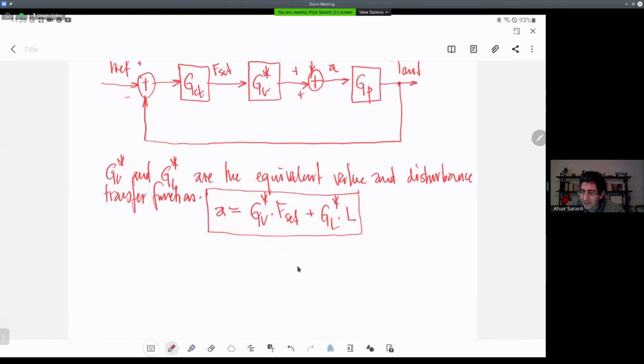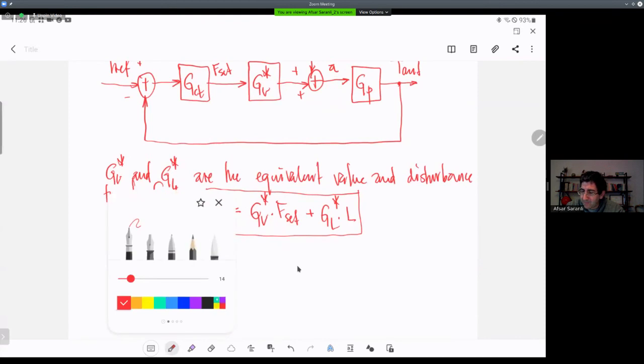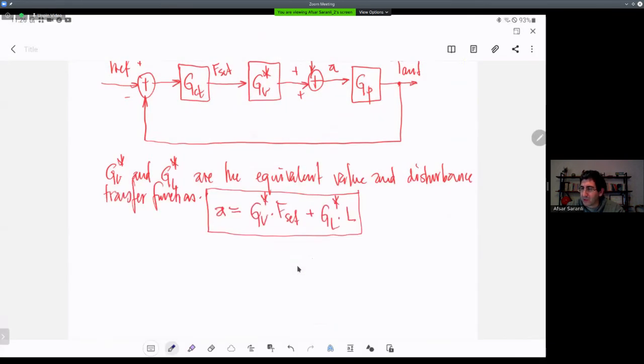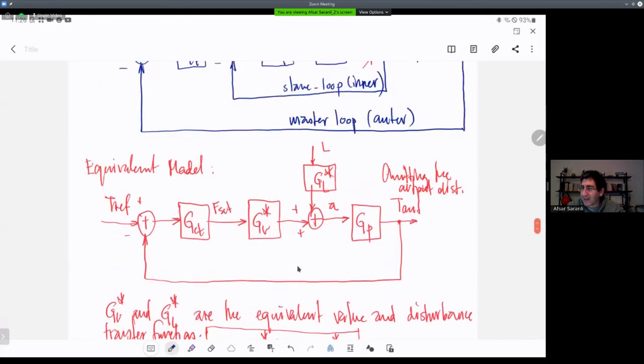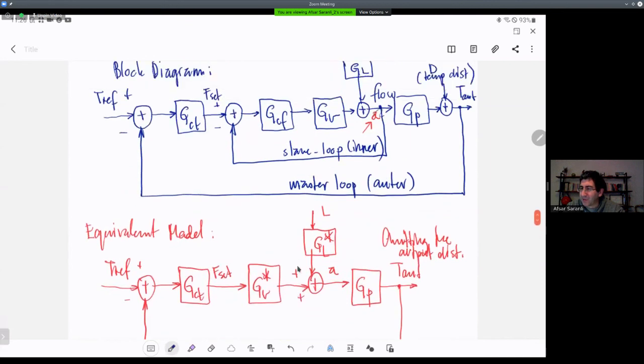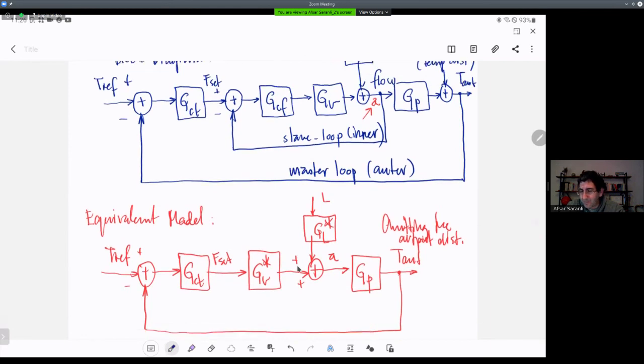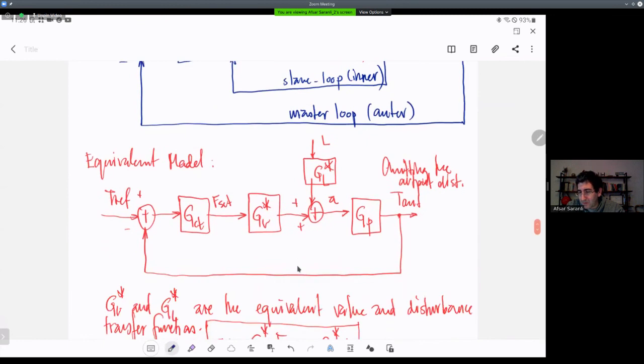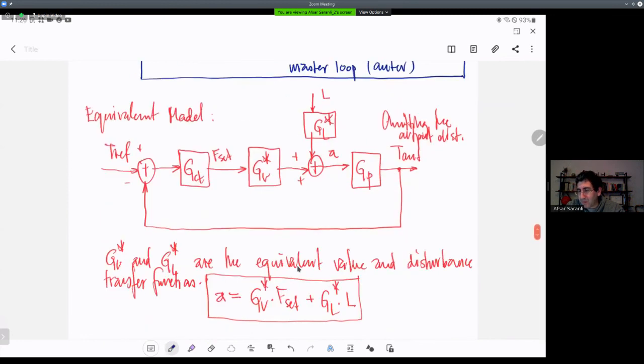Let's try to write down A again for the original block diagram.